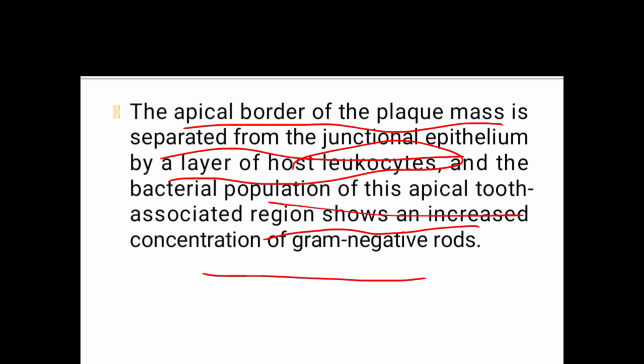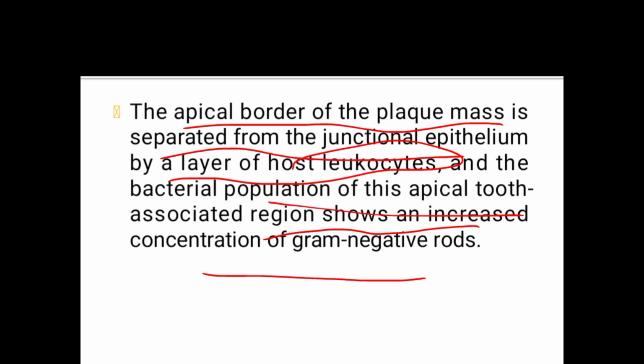The bacterial population at the apical tooth associated plaque contains more gram negative bacteria like Fusobacterium nucleatum, Prevotella intermedia, and Porphyromonas gingivalis, because they can tolerate anaerobic conditions and are associated with tissue destruction.